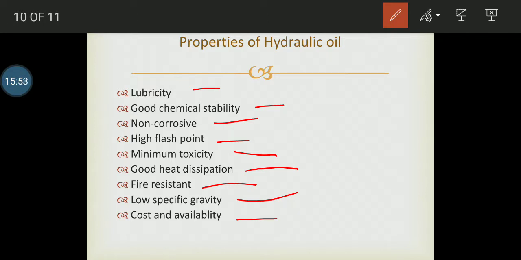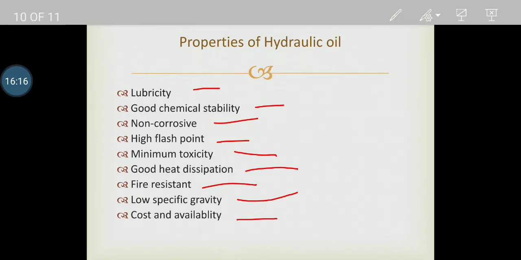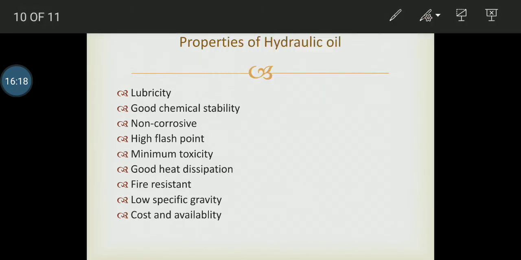Suppose I have a requirement for hydraulic oil, it must be available nearby, because once the hydraulic oil gets damaged it must be replaced again and again, so that the processing doesn't get disturbed in between. So these are some of the properties of hydraulic oil, and we are going to stop here.